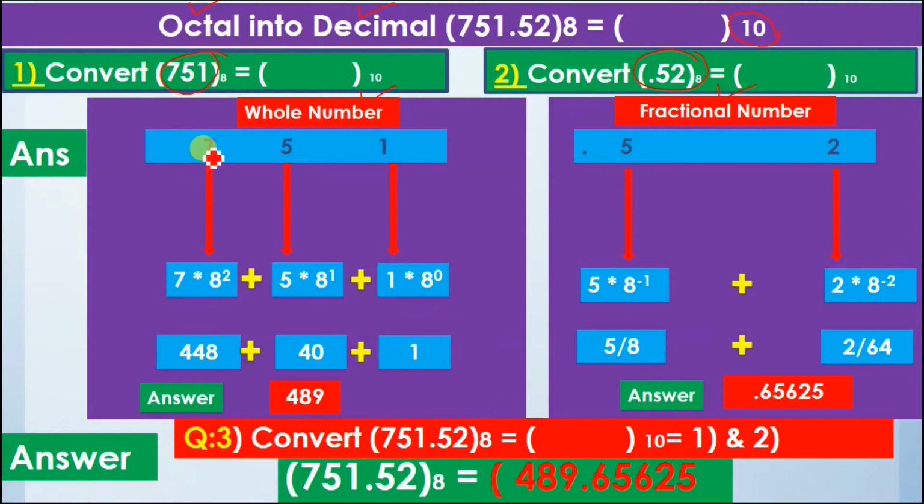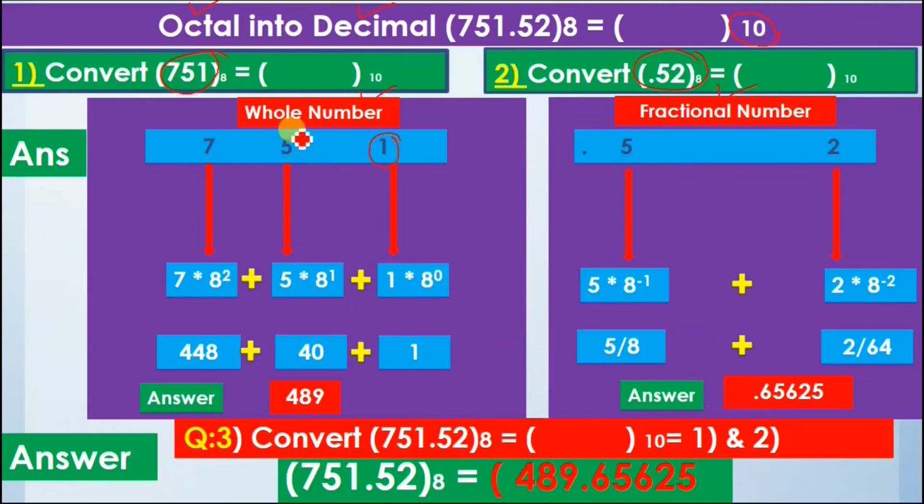So we have the number 751 here, and we will multiply each digit with powers of 8, starting while moving away from the decimal point. So first of all, we will multiply with 8 raised to power 0, then 8 raised to power 1, and 8 raised to power 2. So the first digit is 1, so we multiply 1 with 8 raised to power 0.